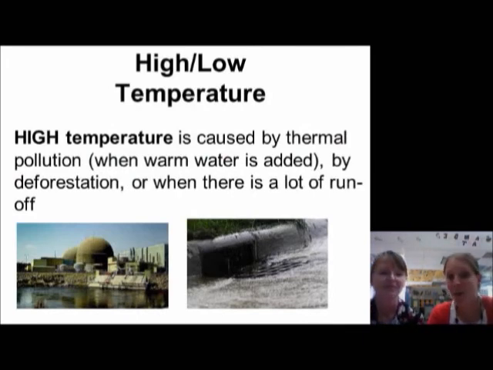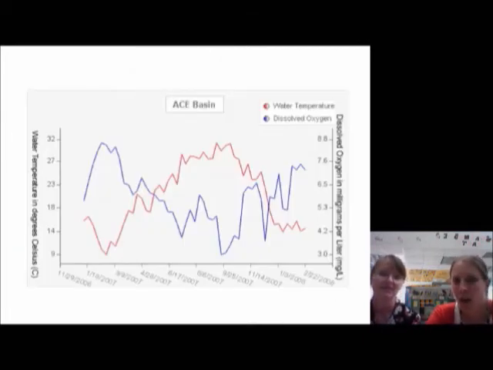So our next chemical test is temperature. Okay, so why should we care about temperature in water? Because temperature really makes a big difference for the dissolved oxygen levels in our water. So let's go ahead and take a look at this graph here. I noticed two lines, one which represents the water temperature at different times of year, and one which represents the dissolved oxygen. So what trends do you notice, Ms. Deere?